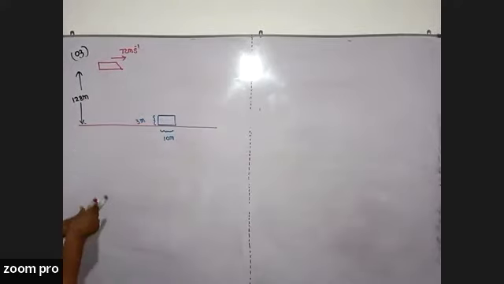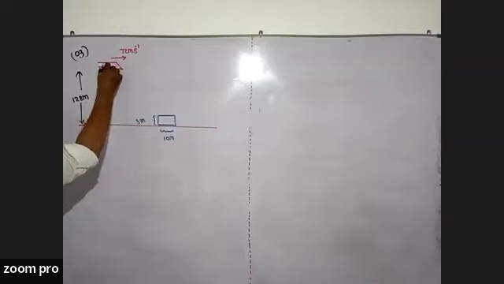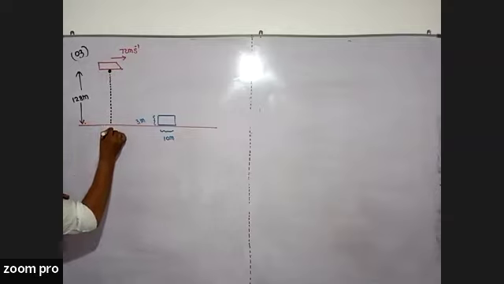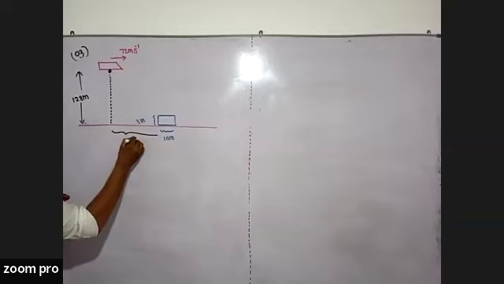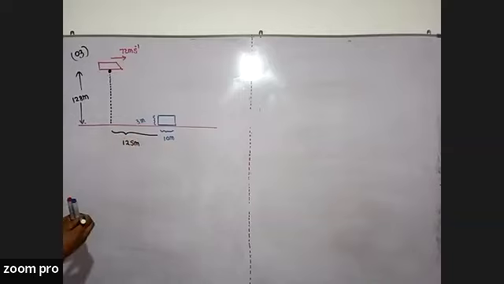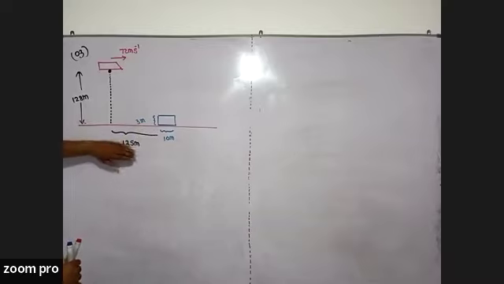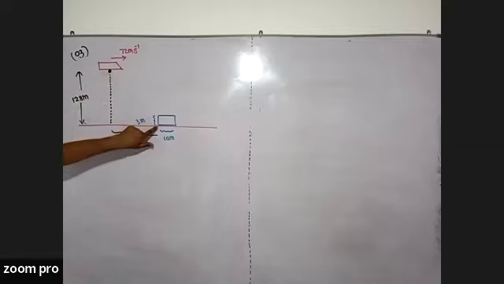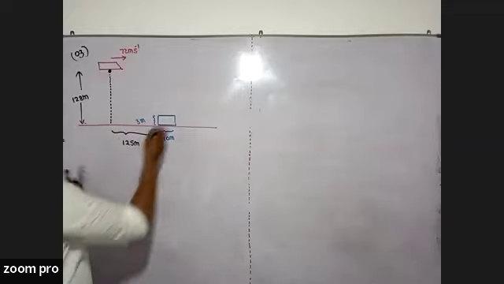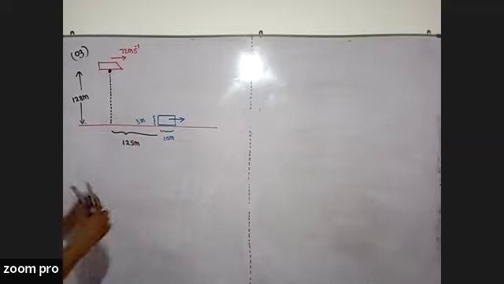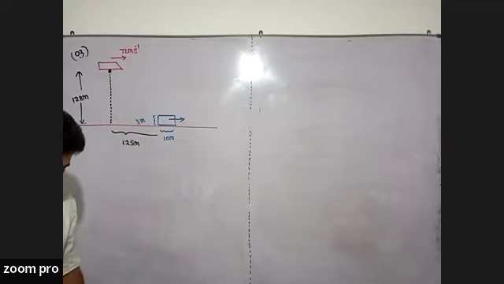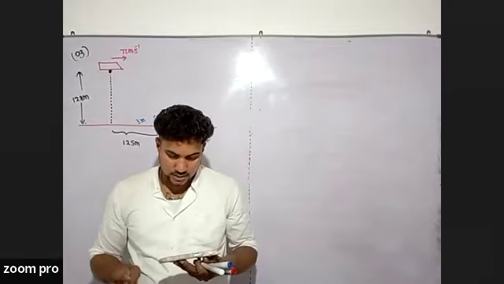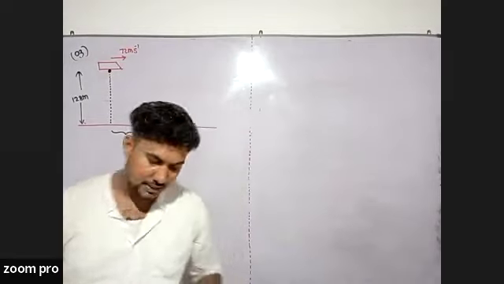So when this bomb is released, there's a 125-meter horizontal distance between this point and the rear side of this truck, right? So this truck should be moving toward this direction, right? Find the velocity of the truck if it was completely destroyed, right?